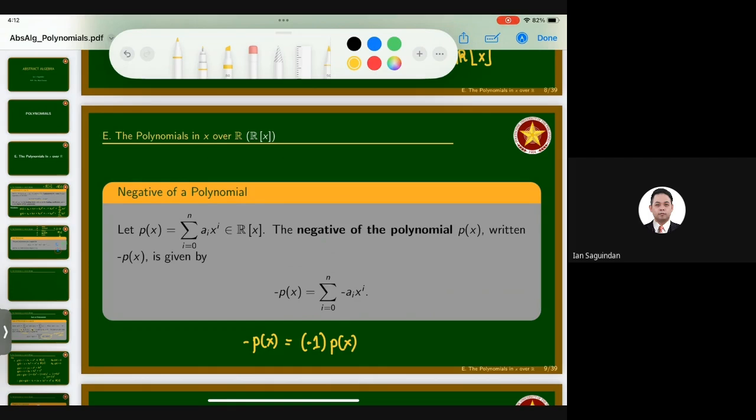But in the language of abstract algebra, we are saying that the negative of a polynomial is technically the product of the original polynomial with negative 1. We are somehow borrowing, or actually copying, the notions of negatives coming from other additive sets as well. You can still recall the vectors, the real numbers, and so on.